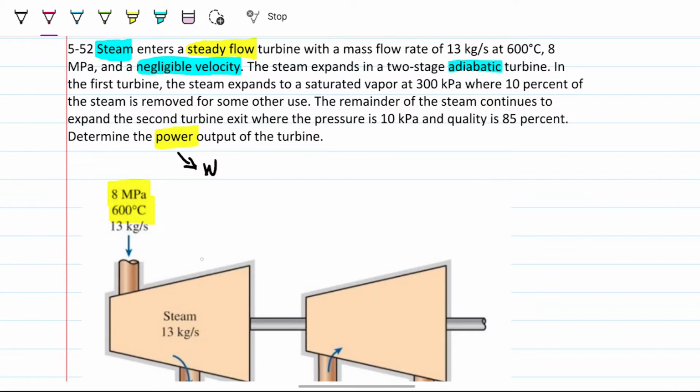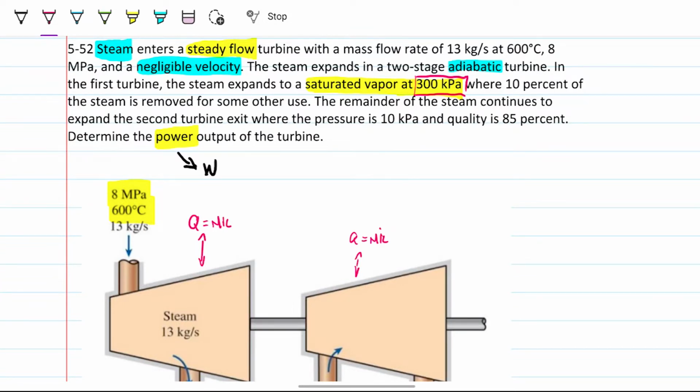Because that means that there's no heat being lost, right? In these turbines, I should say, right? No heat being lost. In the first turbine, the steam expands to saturated vapor. So again, we have everything we need for the second state. We know it's a saturated vapor, and we know it's at 300 kilopascals. So all we need to do is go through the 300 kilopascals in the table and then grab properties for saturated vapor.